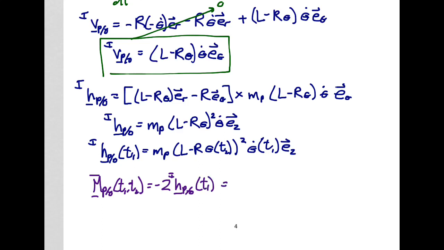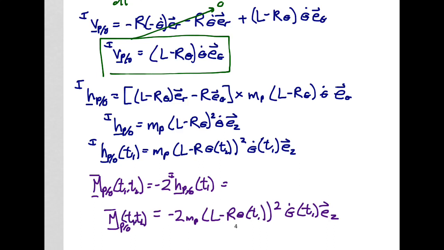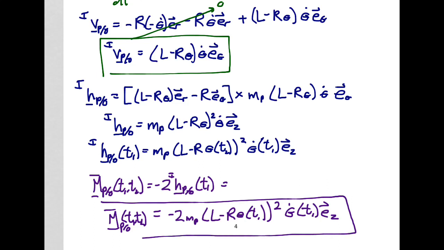And so we get negative 2 m_P (L minus r theta at time 1) squared multiplied times theta dot at time 1 in the ez direction. So this would be our angular impulse that we would want to apply to completely reverse the direction of the tetherball.